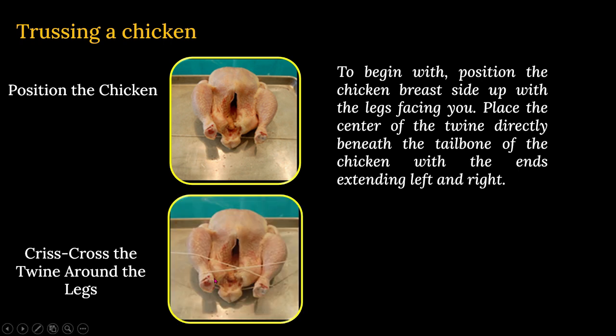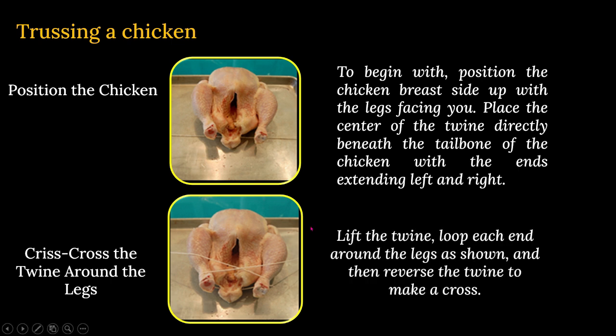We are taking this thread, overlapping this, taking the legs into the loop and crossing these two threads like this and pulling from both the ends. There is a crisscross. Lift the twine, loop each end around the legs as shown, and then reverse the twine to make a cross.